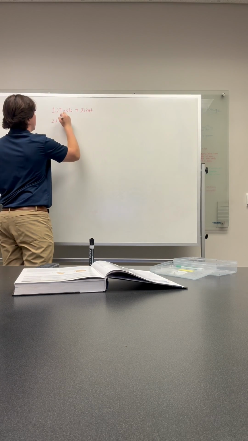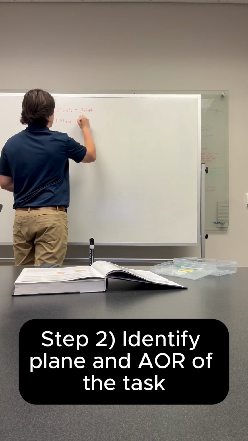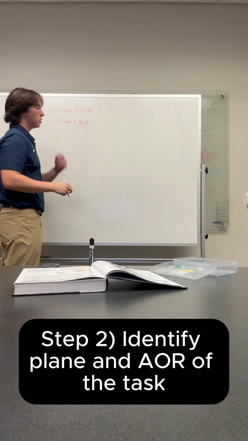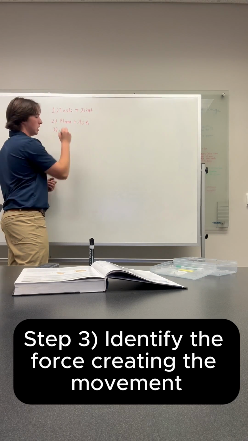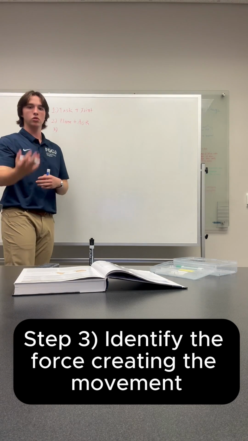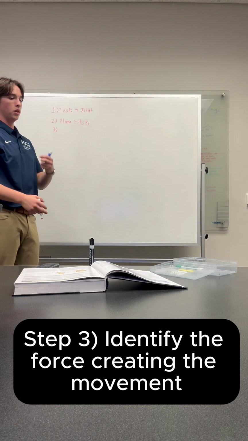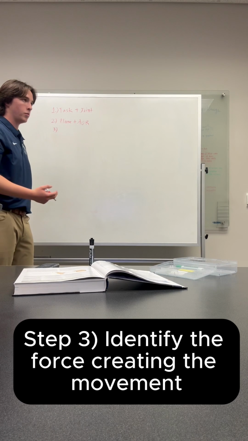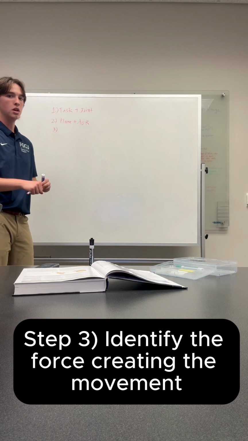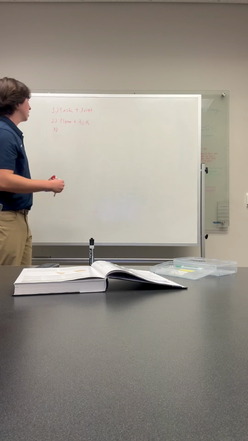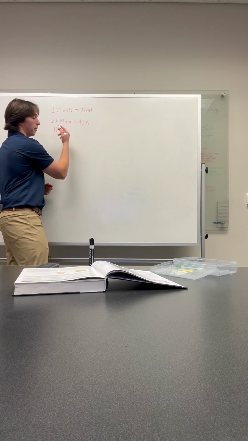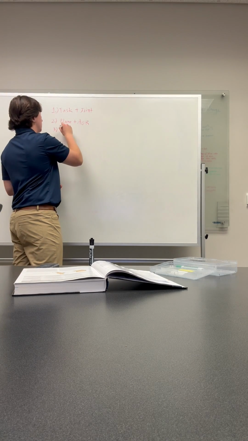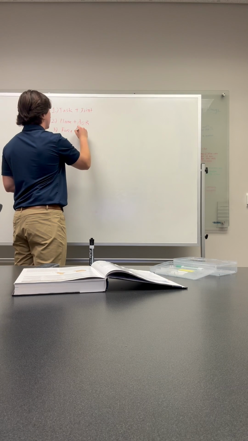You have the plane and the axis of rotation at which this motion occurs. And then you would have the force identification, which is like internal and external forces, which would be then, for the internal forces, the point of application would be something like your insertion or your origin of a muscle. But generally speaking, they want it to be in muscle groups for now. So we have the task and the joint, the plane and the axis of rotation, and then the force identification.